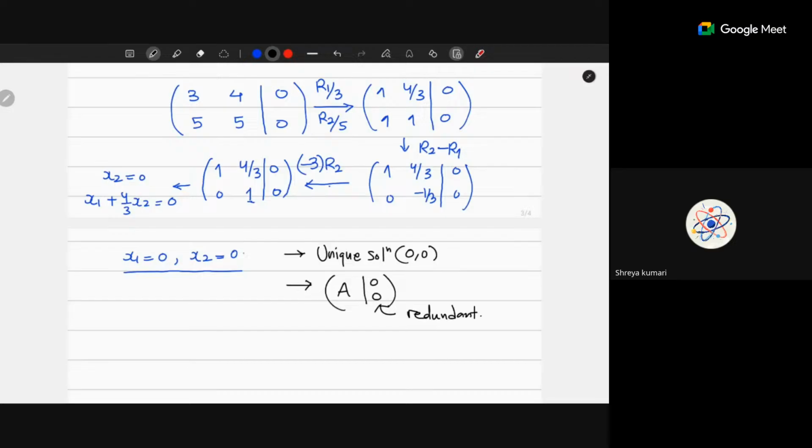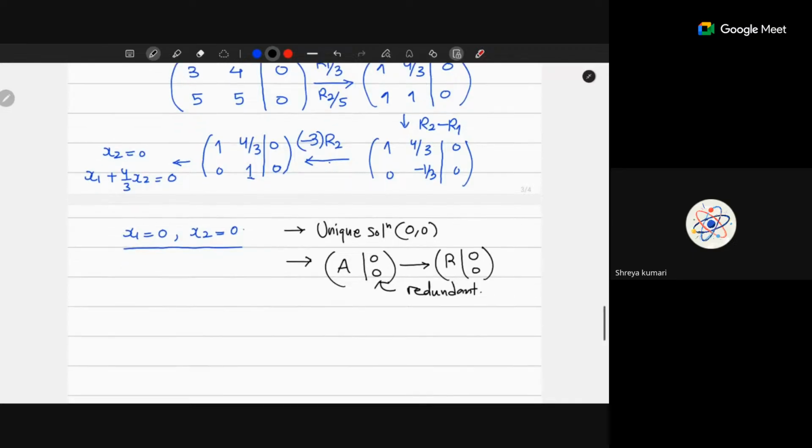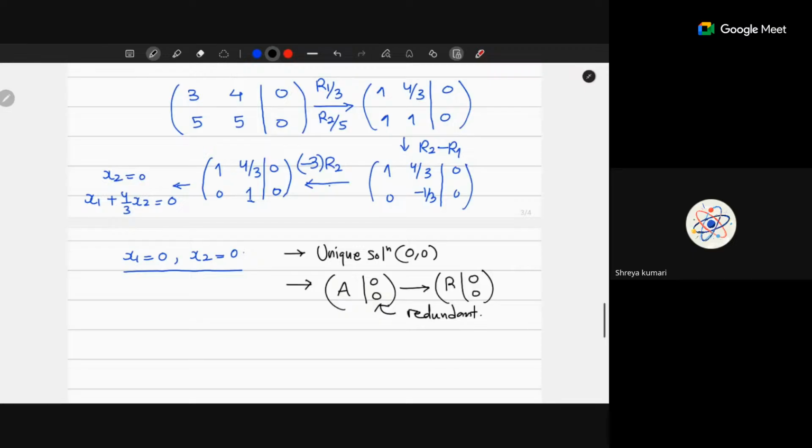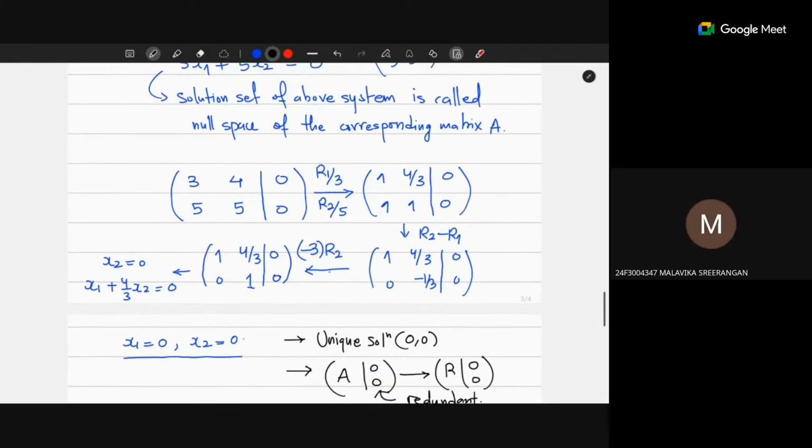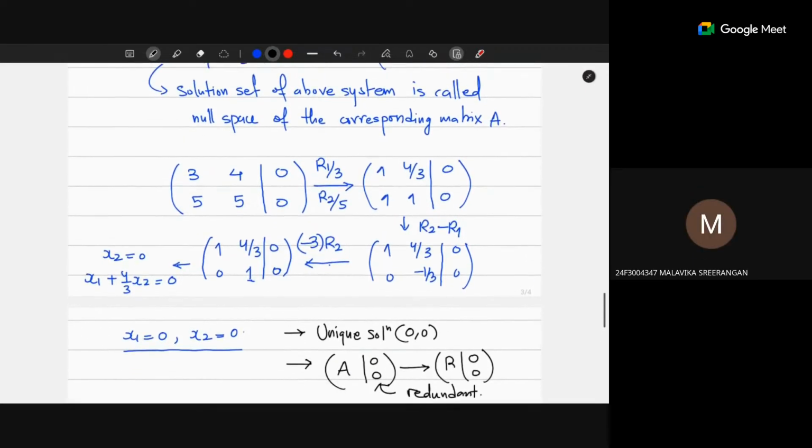There is no use of this vector in the calculations to row reduce, because it remains 0, 0 during the computation. So we can remove it, we don't need to carry it along during the calculations. Is that clear?